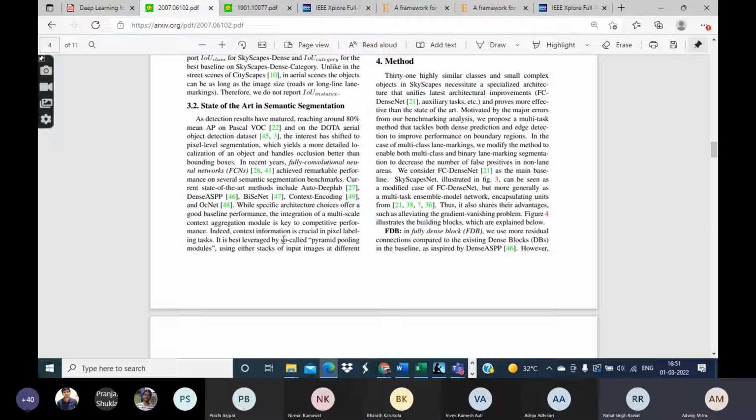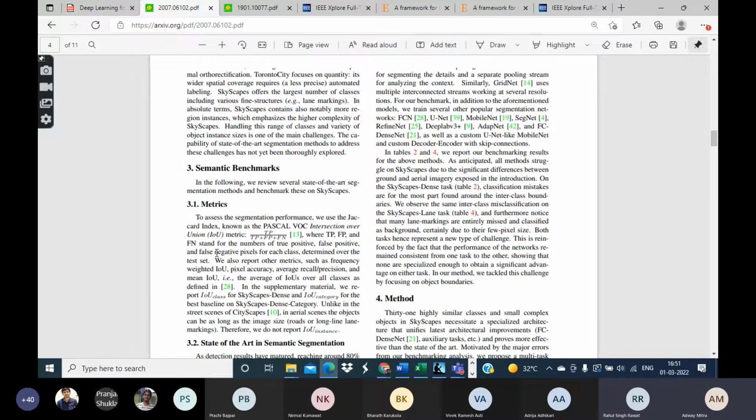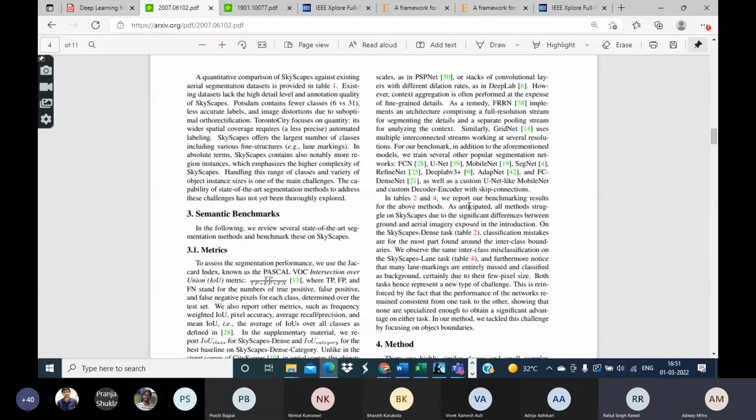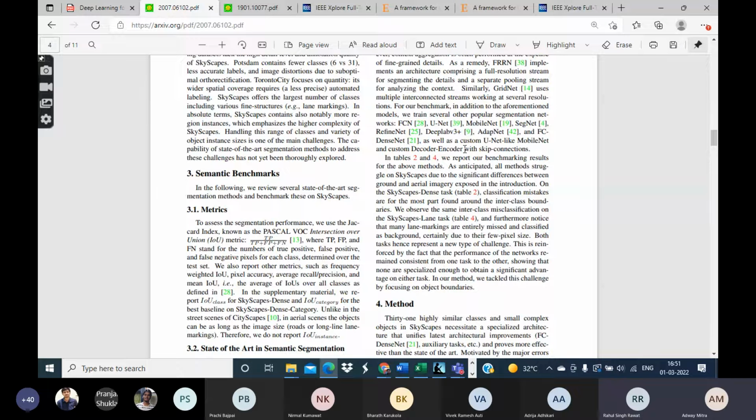It is best leveraged by so-called pyramid pooling modules, using either stacks of input images at different scales or stacks of convolution layers at different dilation rates, as in DeepLab. As I was mentioning earlier, in object detection the same object can be present at multiple scales.